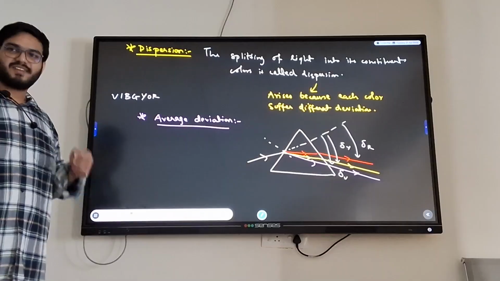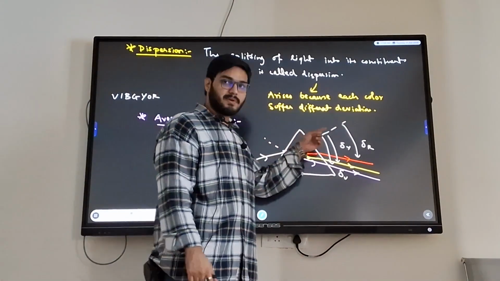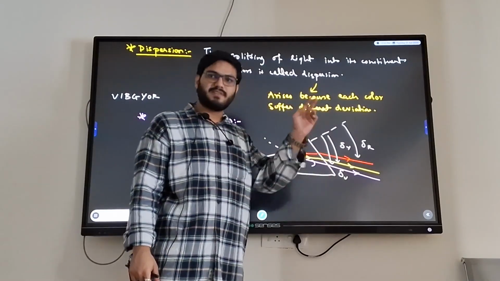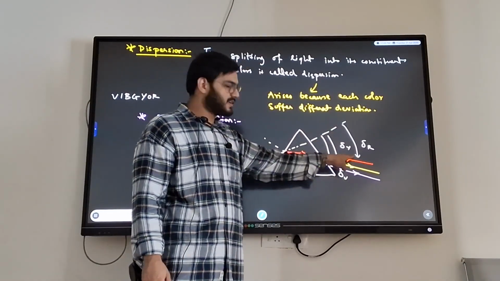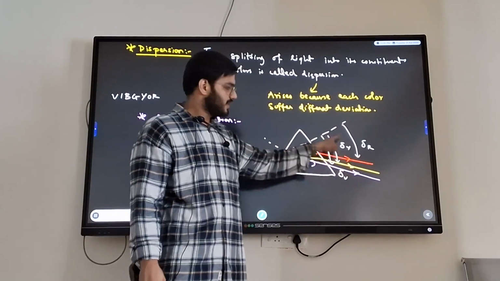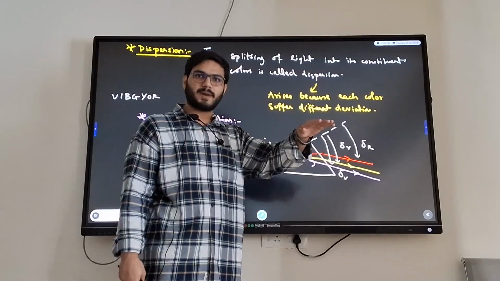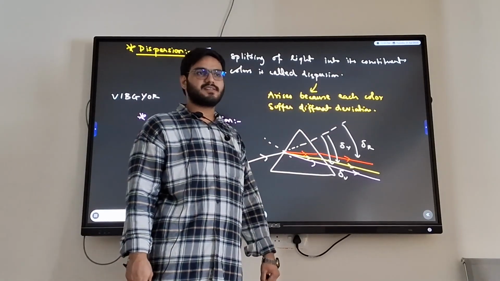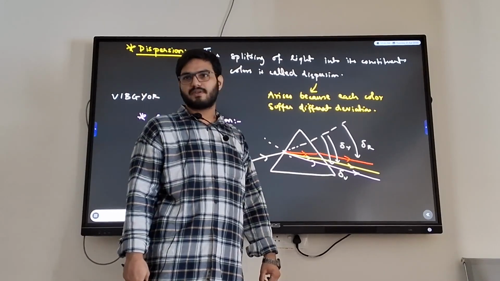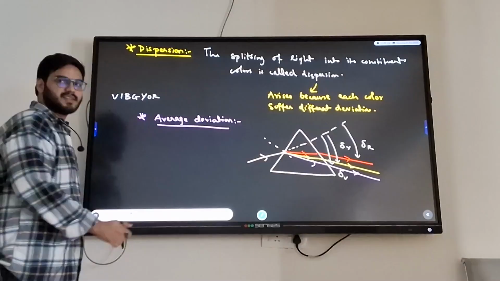That yellow can be taken as the average deviation. This is the least amount of deviation, this is the maximum amount of deviation, and somewhere in the middle yellow applies. So on an average, what is the deviation that the colors are following? That's delta y.